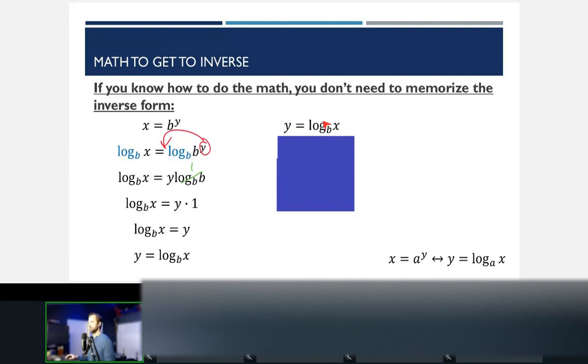So remember, our goal here is to get back to what we started with, right? This. So I want to get this x by itself. And to do that, I am going to base both sides with this base. So log base b, that means I'm going to do a base of b to both sides. So now we have b to the y power equals b to the log base b of x.